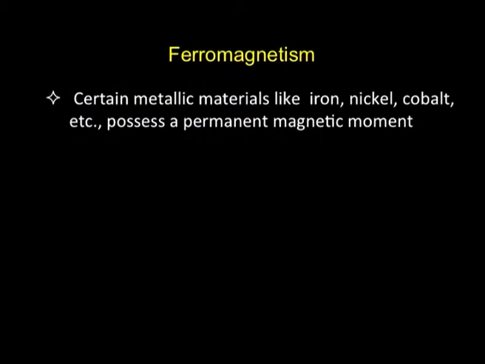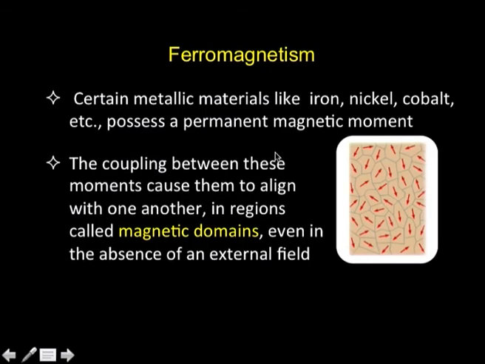The third bulk magnetic behavior is called ferromagnetism. That is the most commonly observed. Typically, when we talk about a magnet, we talk about ferromagnetism. What you find is that there are certain materials like iron, nickel, cobalt, etc., and these materials possess a permanent magnetic moment. So, we look at a sample of iron.